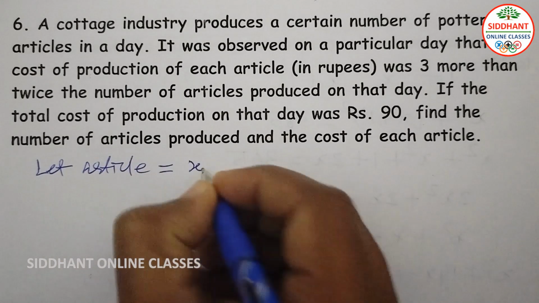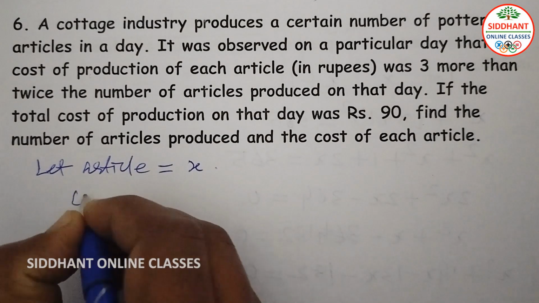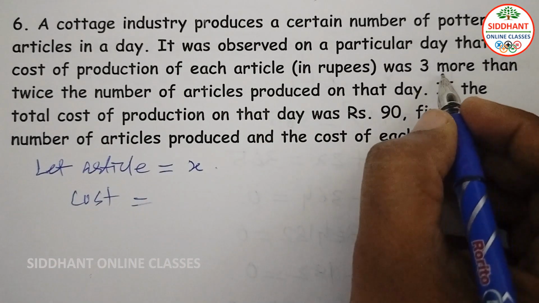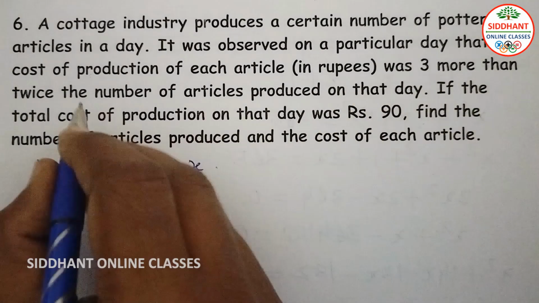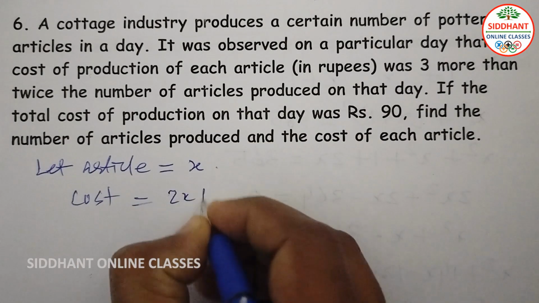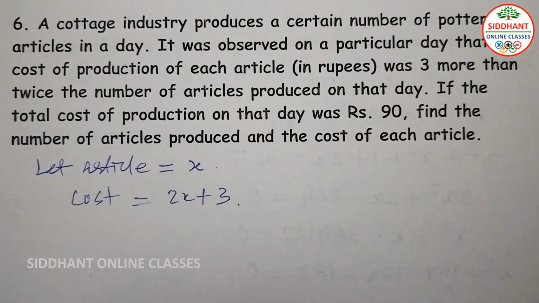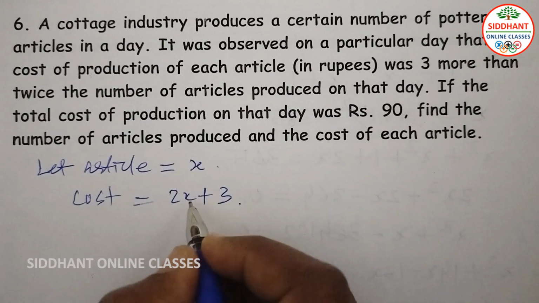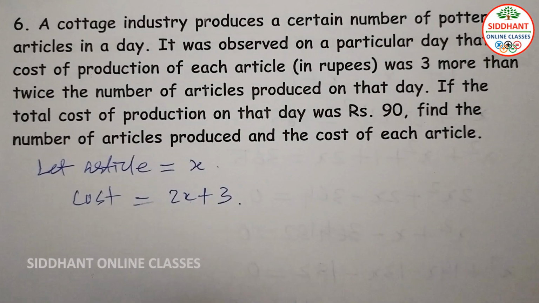So here the data given here, let the article be equal to x, and cost is given, which is 3 more than twice the number of articles. So twice the number of articles, which is 2x, and 3 more, that means plus 3. And we are going to find the number of articles here, that means x we are going to find out.